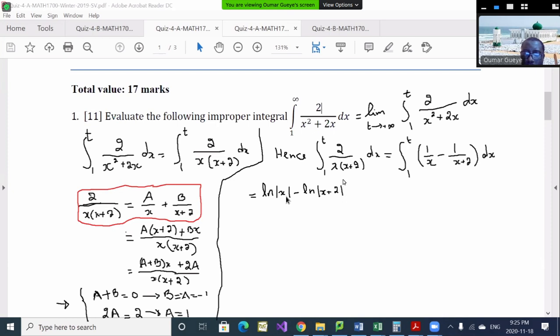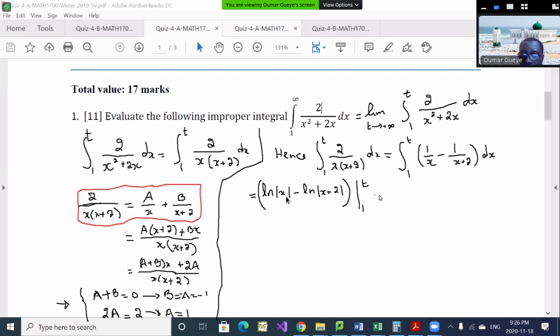Okay, and we evaluate it as the FTC says, at 1 and at t. So we have to calculate the integral in terms of t. Then we'll go to the first line and substitute the integral by its value and calculate the limit.